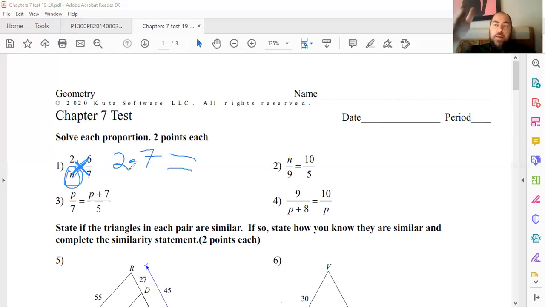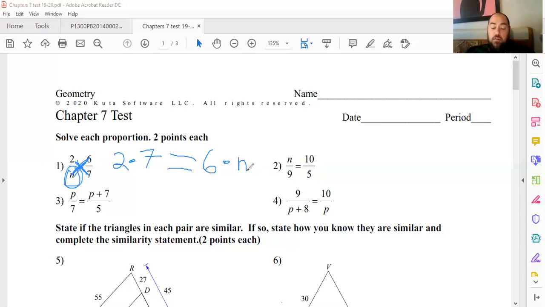On Tuesday, I'll be teaching you something, giving you an assignment, and then posting a video on how to do that assignment, probably also on Tuesday. That way, Thursday rolls around and we have an idea of what you know and what you don't know. So here we're going to go 2 times 7 equals 6 times n.